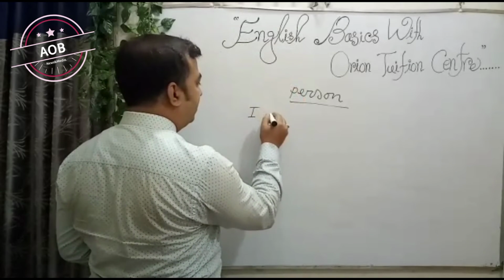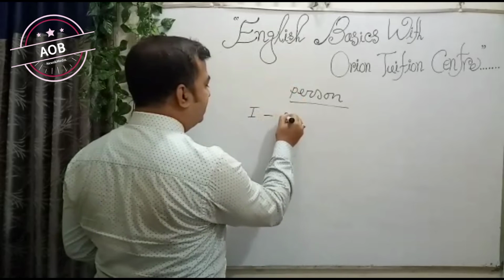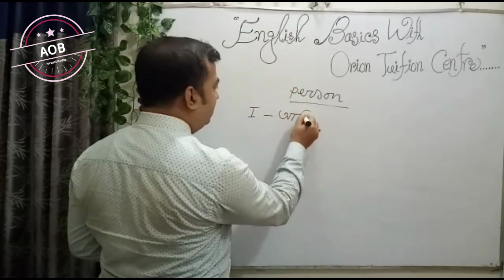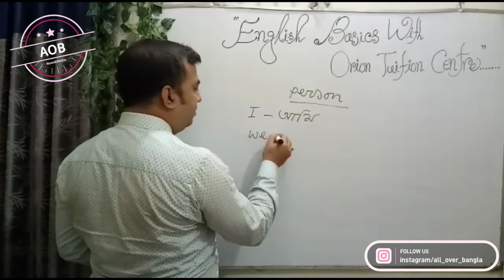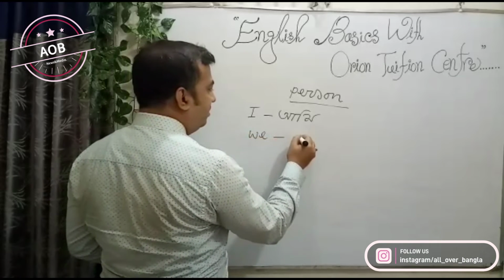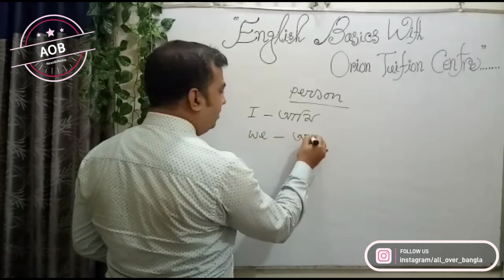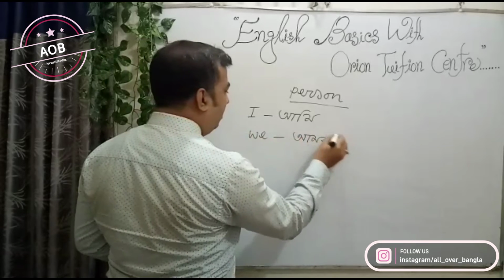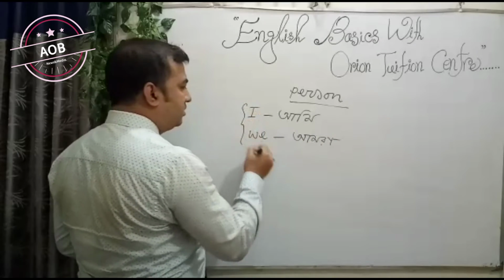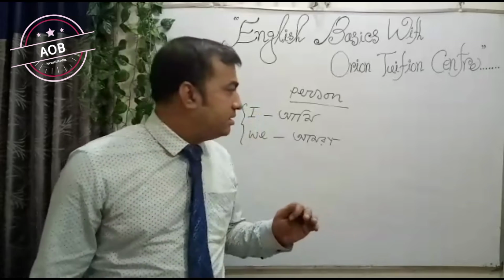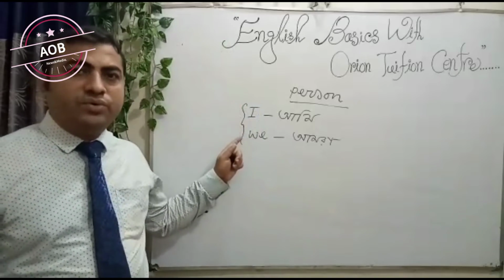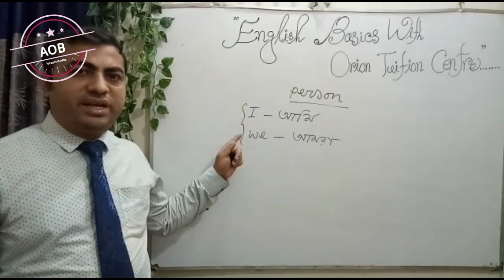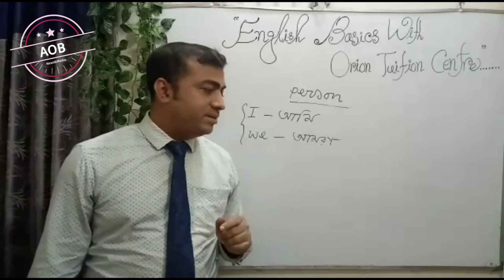I means Ami, and we means Amra. So the learners, these two pronouns I and we are called first person.